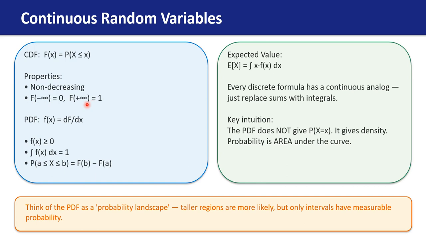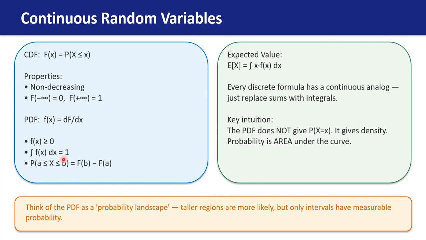The probability density function, or PDF, is the derivative of the CDF. f of x equals dF over dx. The PDF must be non-negative and the total area under the curve must be 1.